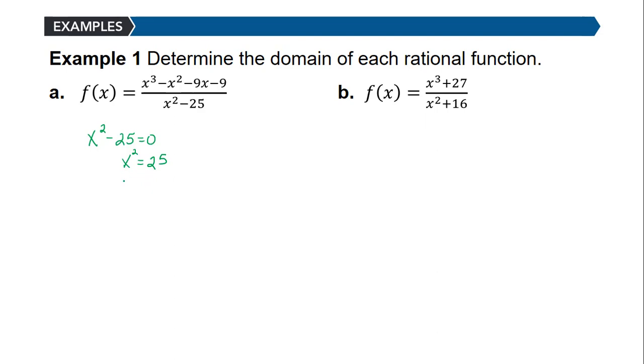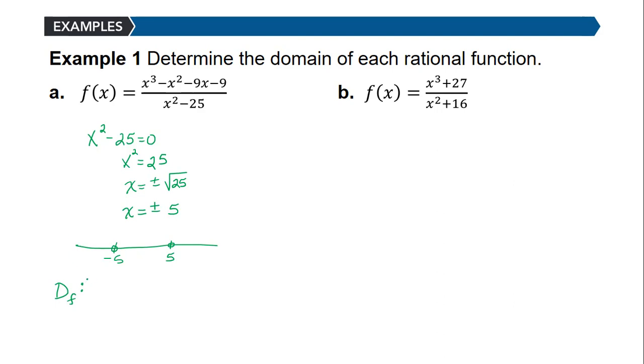And remember this, that if x squared equals a number, x is equal to plus or minus the square root of that number. So we get x equals plus or minus the square root of 25, or x equals plus or minus 5. So we have to exclude negative 5 and 5 from our domain. And so we write the domain of f as, well, think about this.